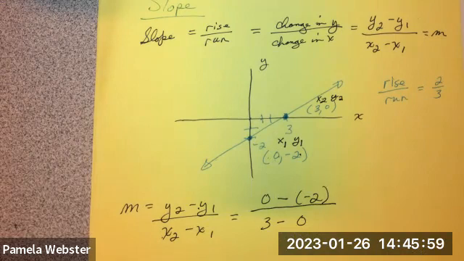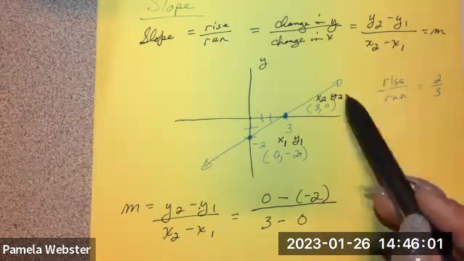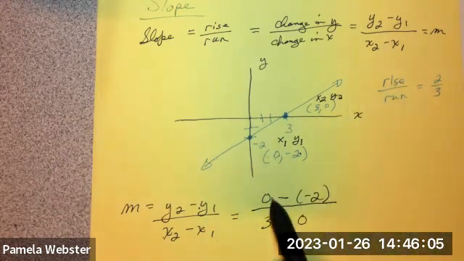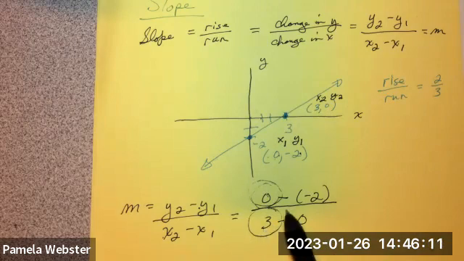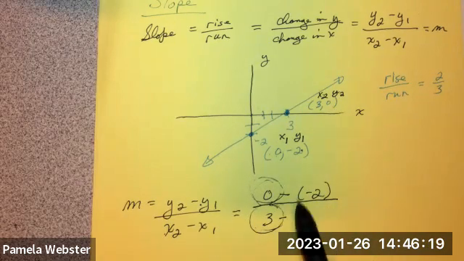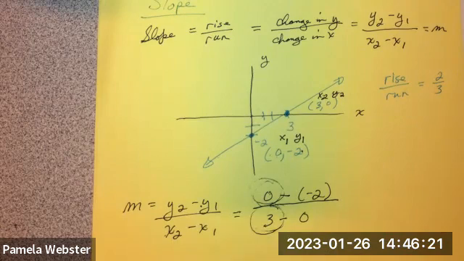What matters is that I'm consistent. So in other words, my point was 3, 0. If I started with y sub 2 as 0, then I have to keep it up so that the point lines up. So the 0 and the x are from the same point. The x value is 3. I can't do a 0 here from this y and the 0 here from that x. So I have to be very consistent with which one goes first.